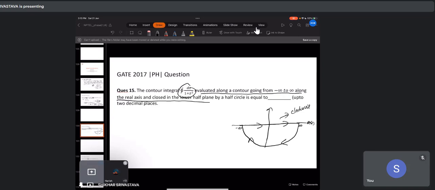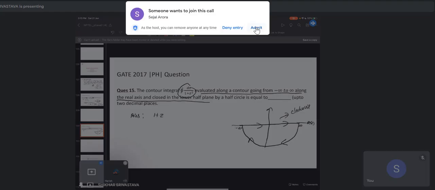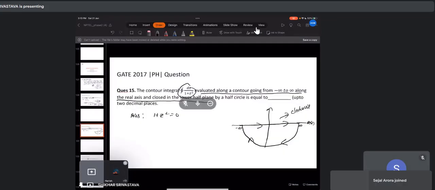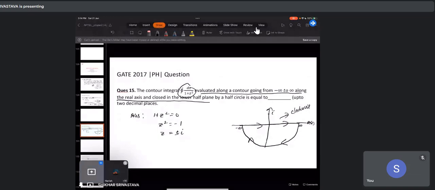So as usual, you will first find the poles. So it is 1 plus z square is equal to 0. So z square is equal to minus 1. So your poles will be plus minus iota. Plus iota is lying outside this curve, so we'll neglect it, and only minus iota will be taken into consideration while doing the integral.